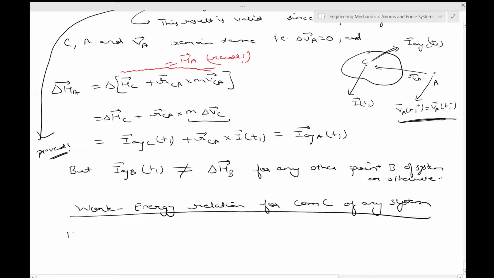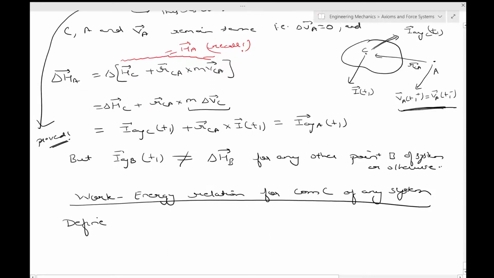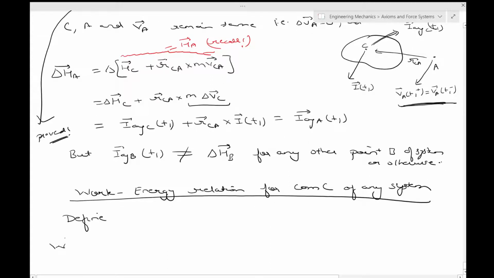So let's define W dot star as F dot VC, the power of all the external forces as if acting at C. Okay, so this is 2.55.